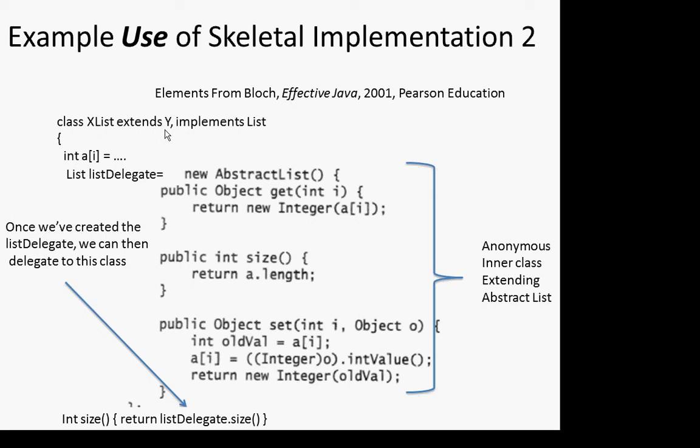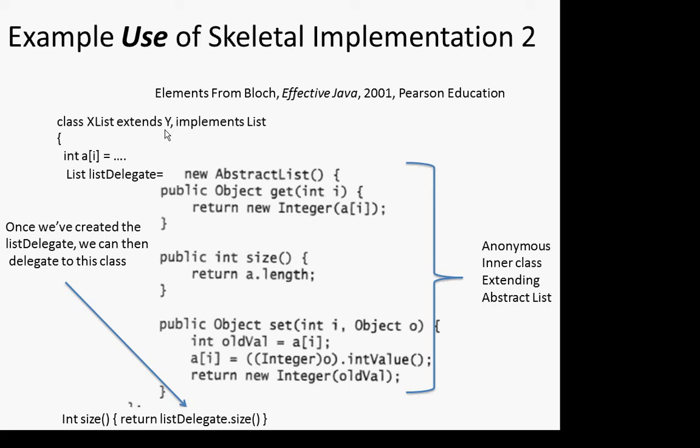So here, ladies and gentlemen, we get the benefit as if we're inheriting from both Y and abstract list in terms of not having to write a lot of code, but we have to write these wrapper methods, and each of them will just delegate. Each of the wrapper methods for the list interface will just delegate to the list delegate.